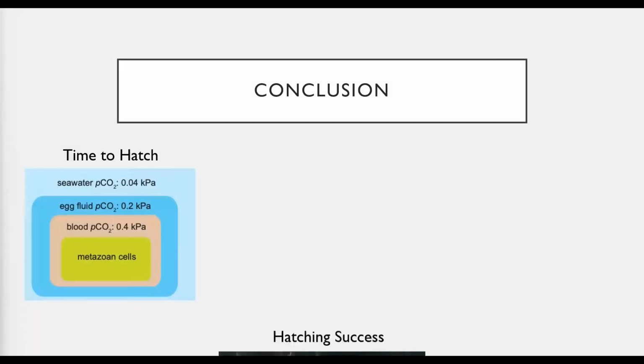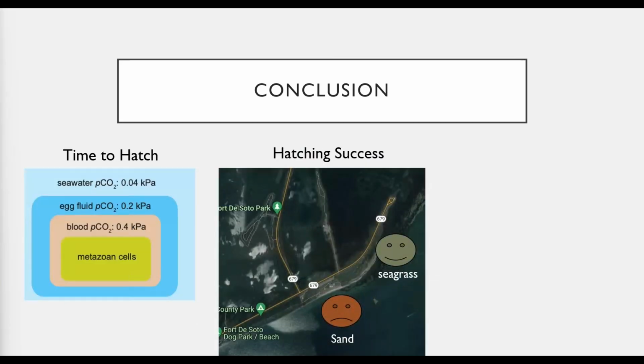Okay. So a couple of the conclusions from this study that we are taking away. For time to hatch, we think that there's no difference due to the barriers that these larvae face while in their mother's pleopod hairs. They're facing barriers between blood, the fluid, until they reach the seawater, so this could just potentially be no impact on them.